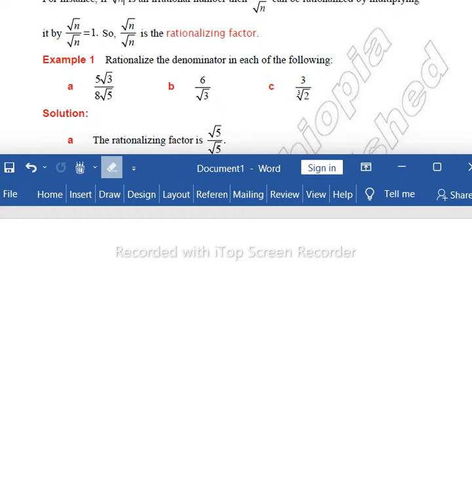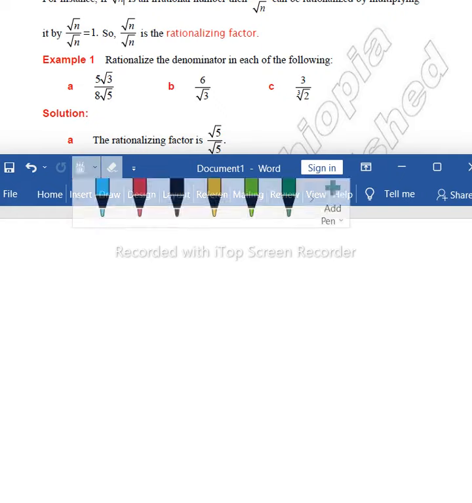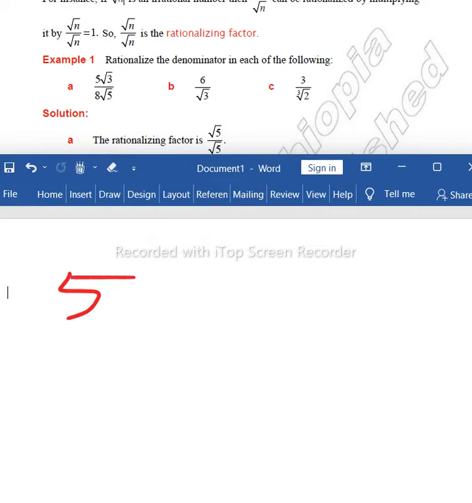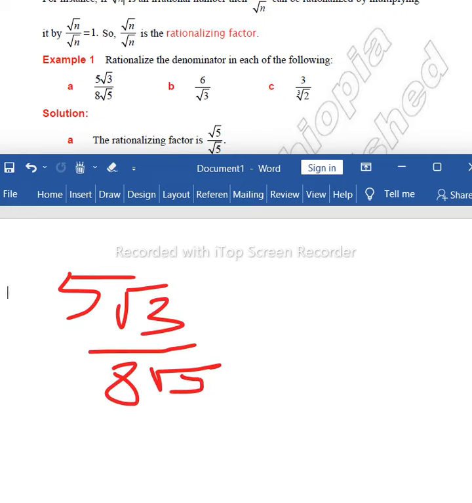So here we have the question under A: 5 square root of 3 over 8 square root of 5. To rationalize this, as we see here, we have to multiply by square root of 5 over square root of 5.